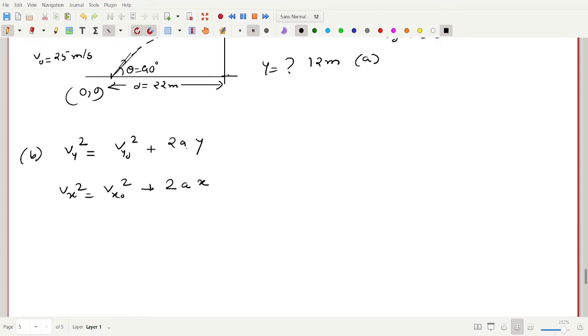Now this ax is 0, so finally we have Vy square equals Vy naught square minus 2gy, and Vx square equals Vx naught square.